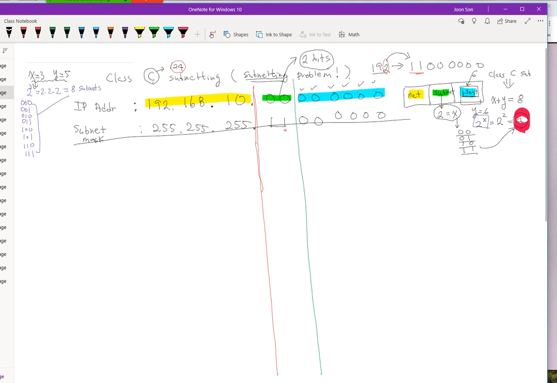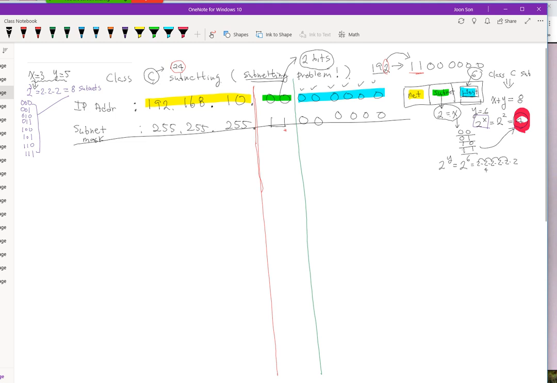Thank you. So with the 6 bits, how many possibilities? 2 to the Y, meaning 2 to the 6. So when you calculate 2 to the 6, what is it? 4, 8, 16, 32, and what? 64.